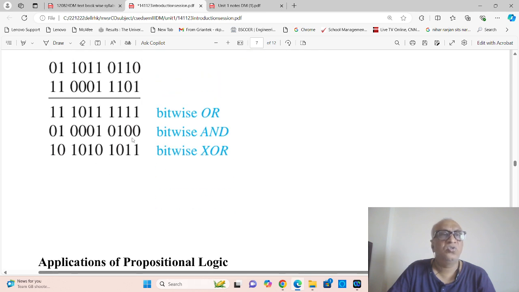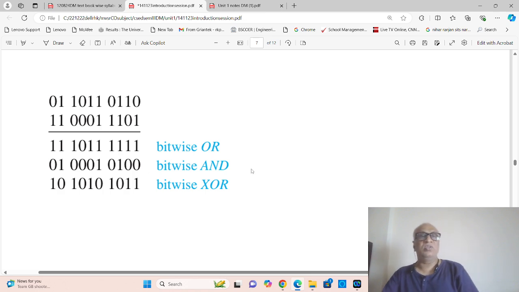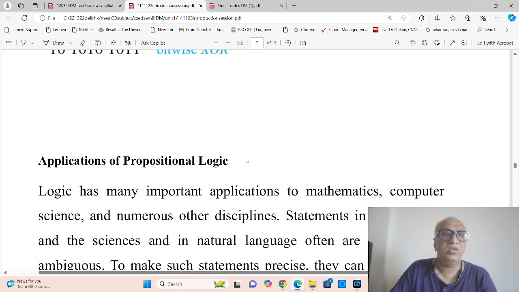So for XOR also, if both truth values are there, the output value will be false. For example, these two inputs are truth values, this is false. These two inputs are truth values, this is false. So this is how we'll find the bitwise OR, AND and XOR.